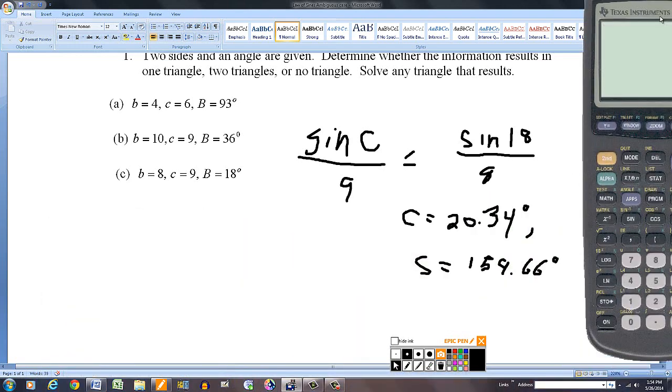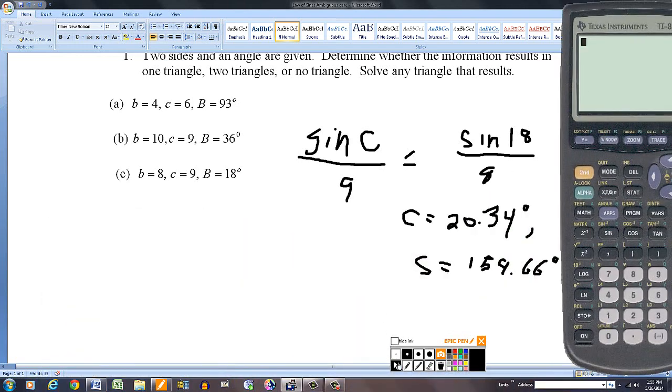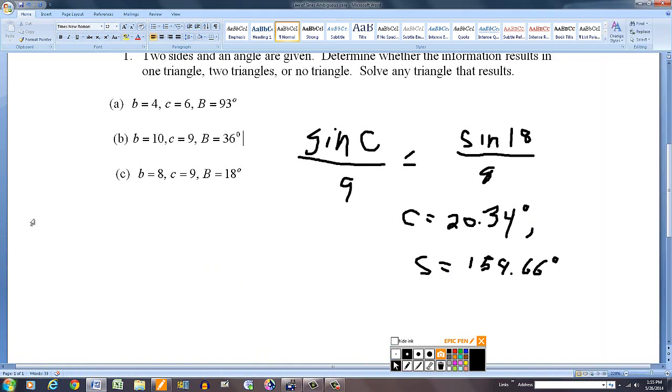Okay, so this is what we're going to do for the solution. Solution one: 20.34 would be a value for C, and also 159.66 would be a value for angle C, which is the supplement.